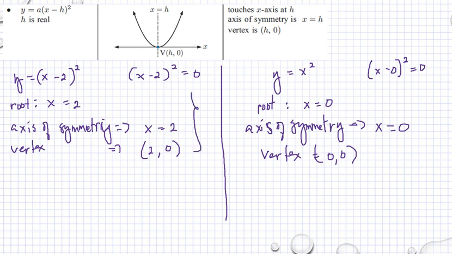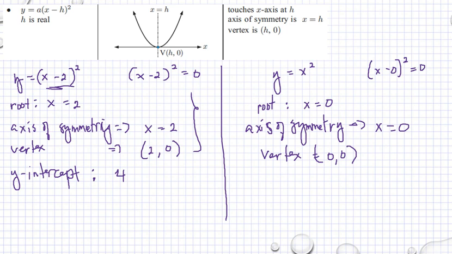Okay? But the problem is, what will be our y-intercept? So in this one, when x is equal to 0, then we have 4. So how could our intercept be 4?